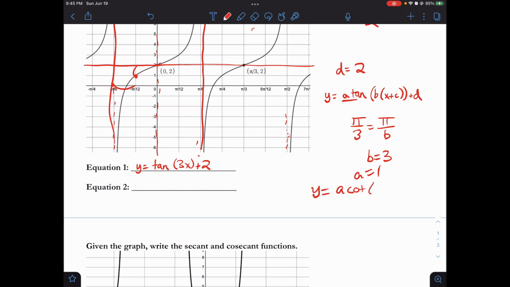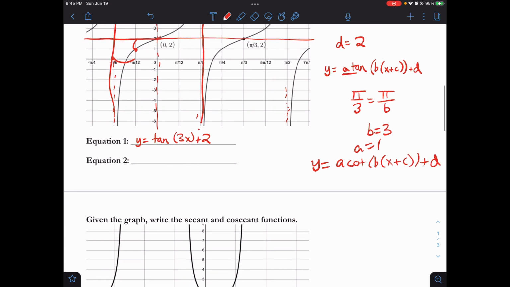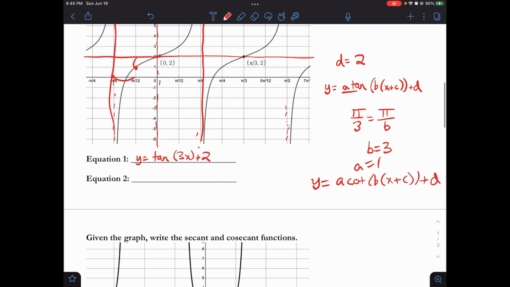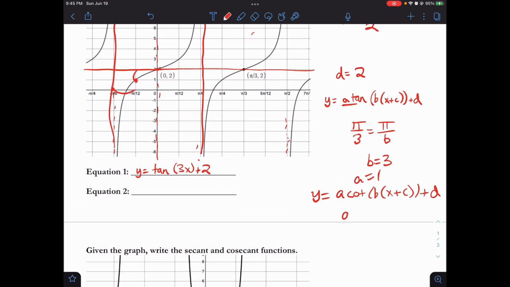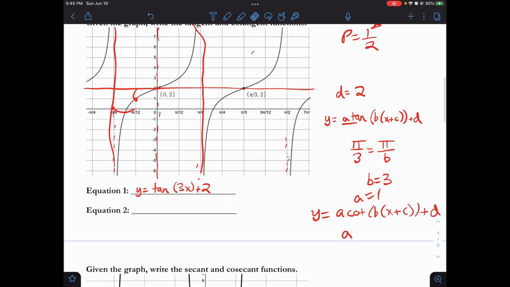Okay, so our function for our cotangent is y is equal to a cot(b(x ± c)) + d. Okay, so our a value in this case we figure out. First we know that our asymptote in a normal cotangent graph is the y-axis, right there.